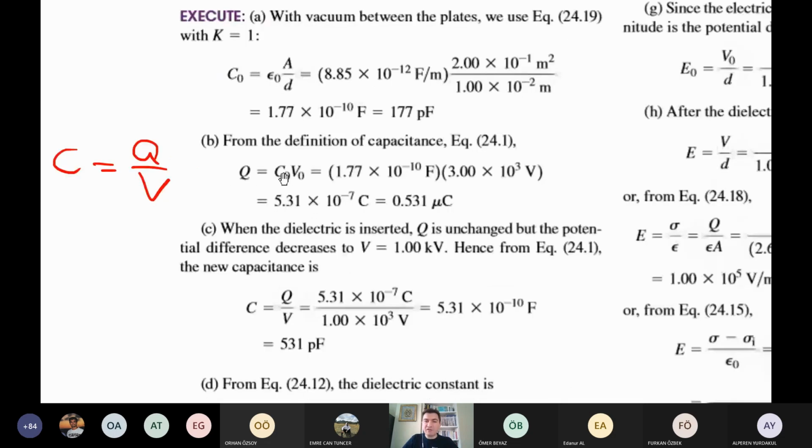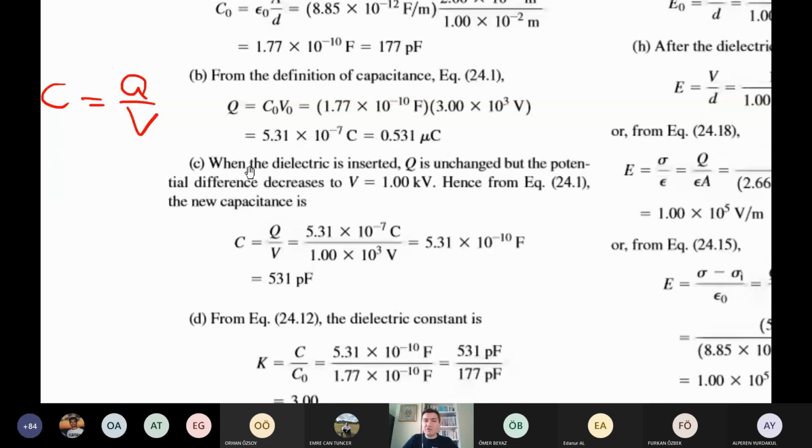V0 is the initial voltage supplied from the battery. We know this one, 3 kilovolts, and put the numbers here. Then finally, you can calculate the Q charge on each plate, which is 0.531 microcoulomb.